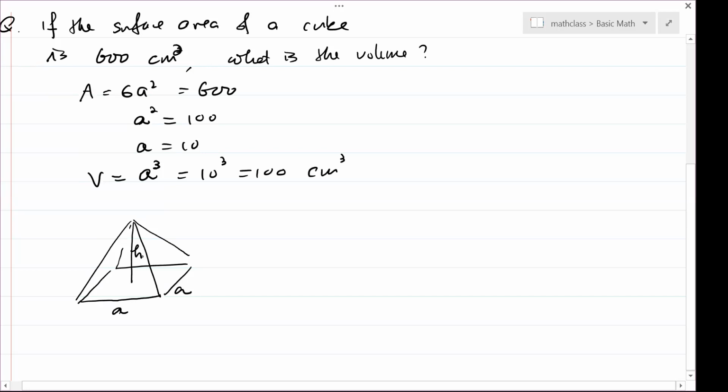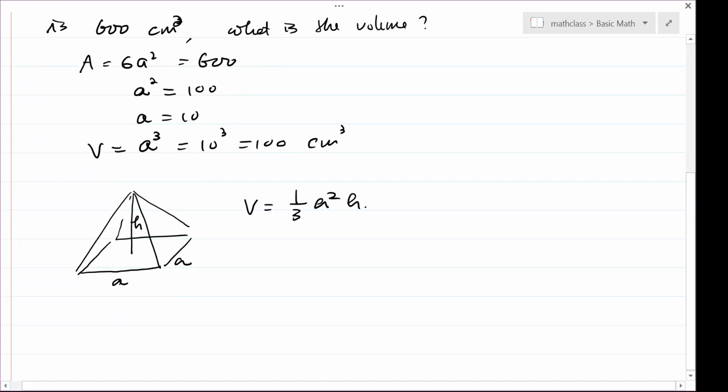It's three-dimensional, a cone-like solid. So for the volume, there's a formula. It's going to be 1/3 of the base area times the height.